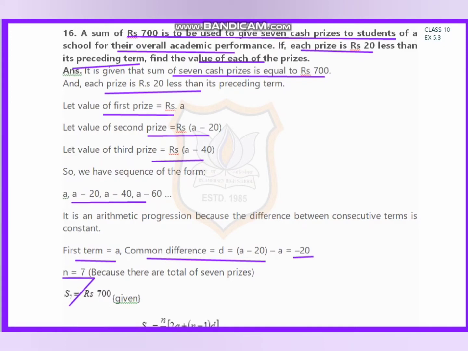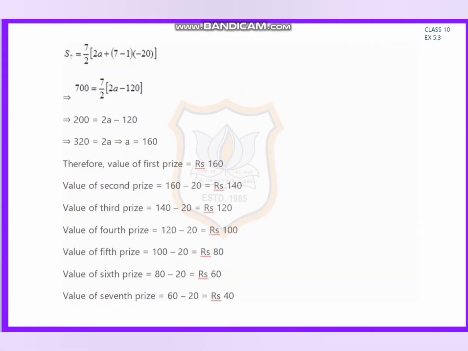We are given that S7 equals 700. Now putting the value in the formula. Here we have the formula Sn equals n by 2 bracket 2a plus (n minus 1) into d. Here we put n equals 7, so 7 by 2, 2a as it is, 7 minus 1 is 6, 6 is multiplied with minus 20.